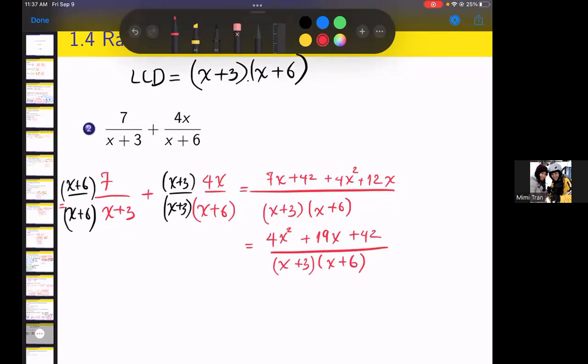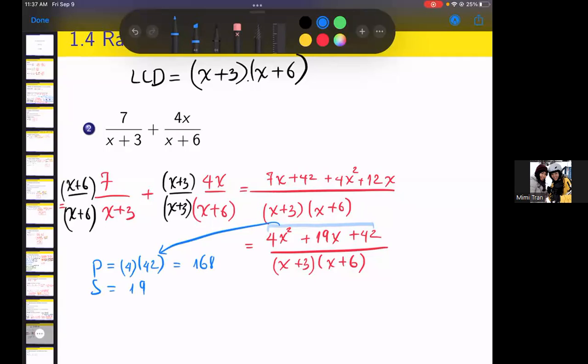Is the top factorable? If you're confused, all you do is use the AC method. Can you find two numbers whose product is 168 and whose sum is 19? Is it possible? I don't think so, because 168 is an even number.